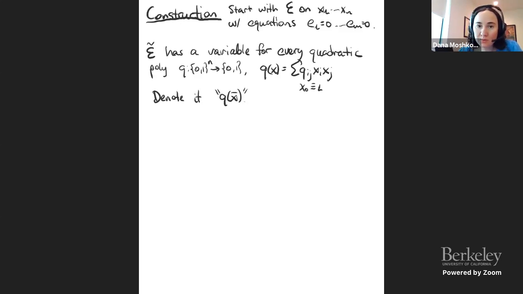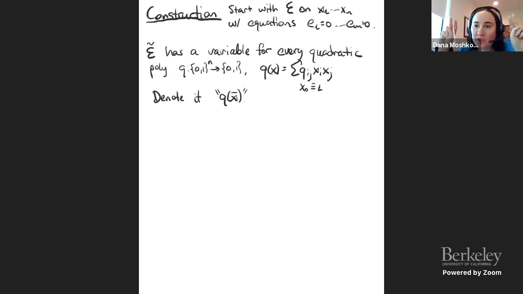Okay, so it's supposed to be Q of x for some x, because what the prover can do is completely ignore what I ask him or her to do, and give me any assignment to Q(x).